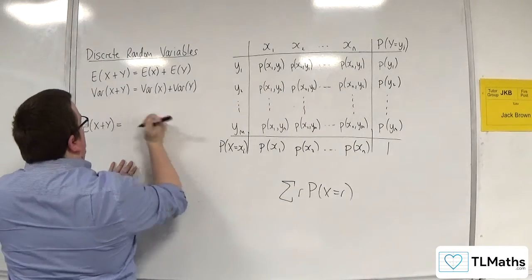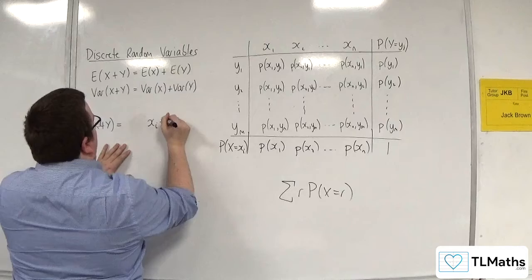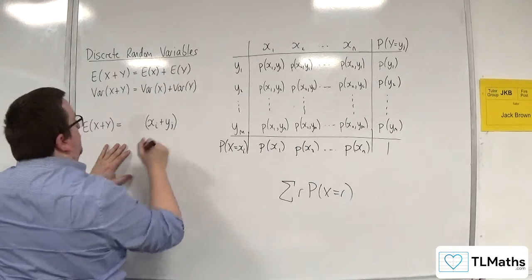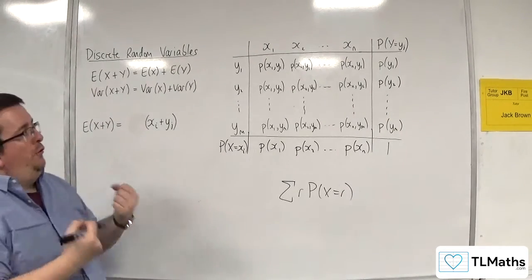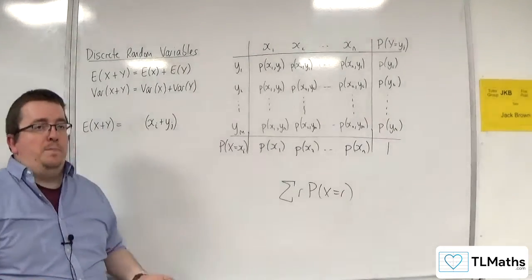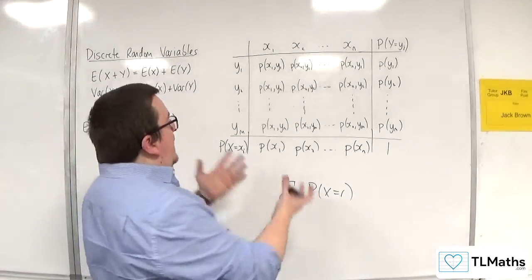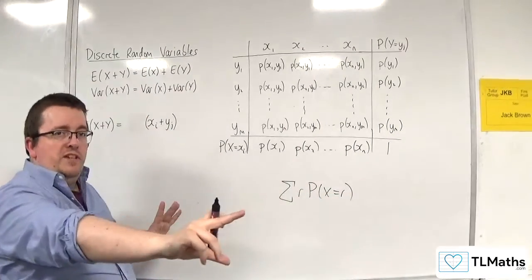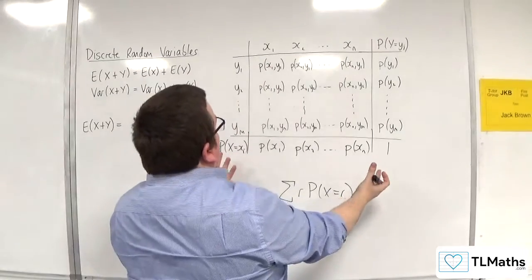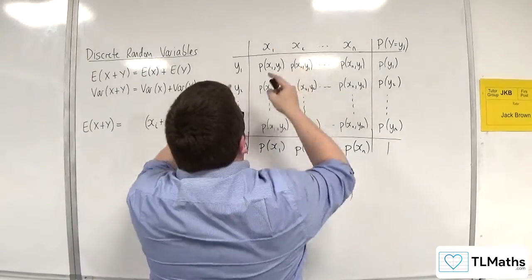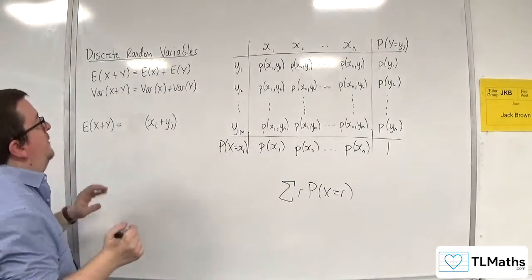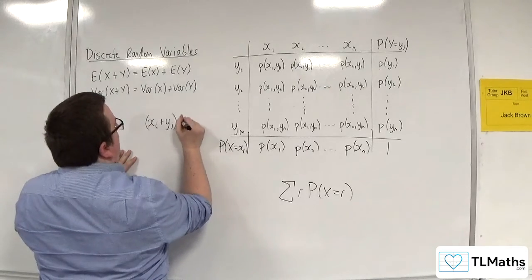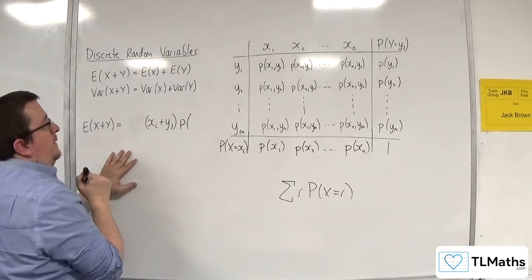I need to add together all the xi's and yj's and multiply them by their respective probabilities. This is kind of like, instead of just having a one-line table, this is a two-way table. So I need to sum together all these possible combinations and multiply them by their probabilities.